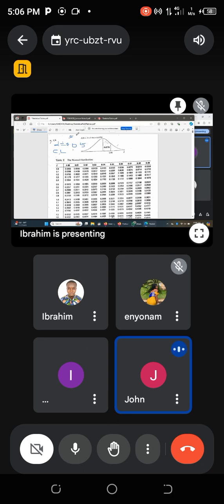So what this 5% means is that the significance level is the probability of making a type 1 error. So let's say you are recording the scores of 100 students. Then there's the likelihood that you commit an error.